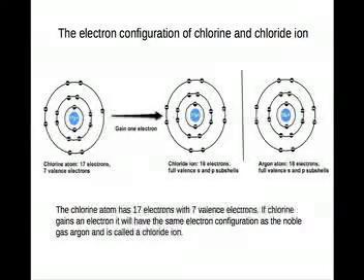Simple anions, made from a single atom, are named by dropping the last syllable or two from the element name and adding the suffix -ide. So we now have chloride ion, a negatively charged atom.